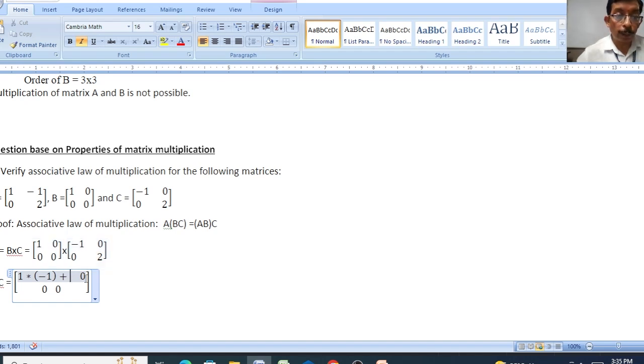So the first row, first column multiplication is complete.